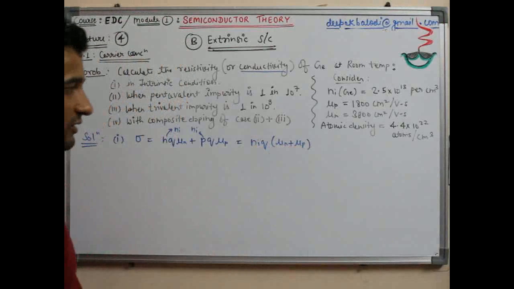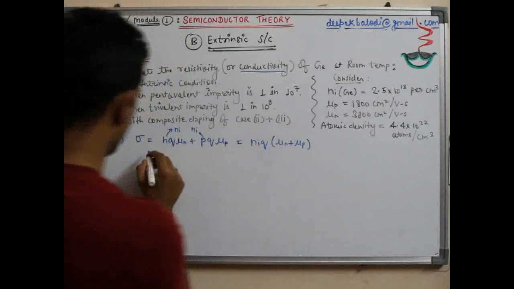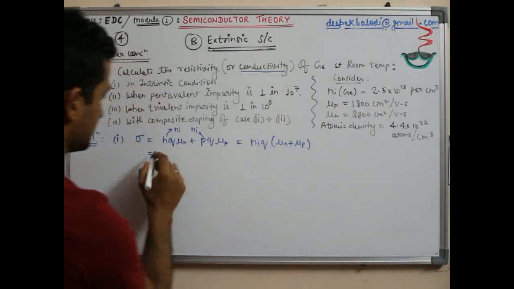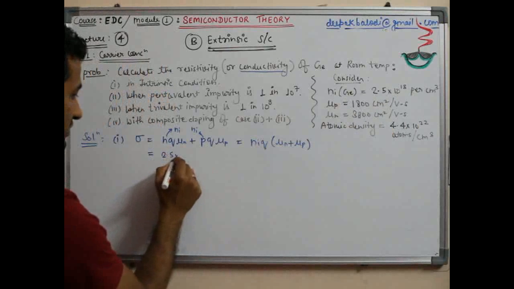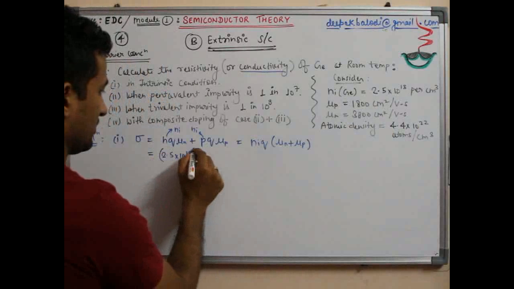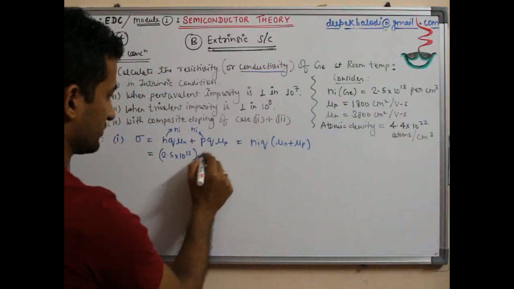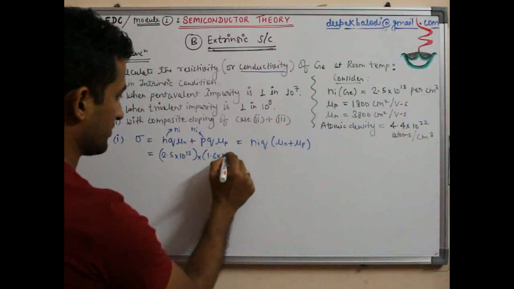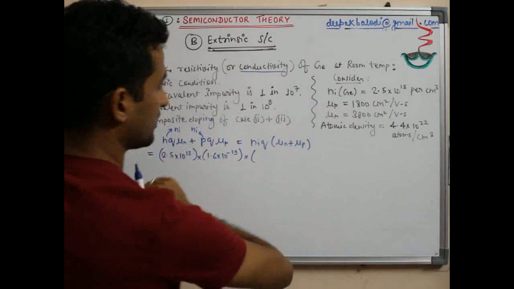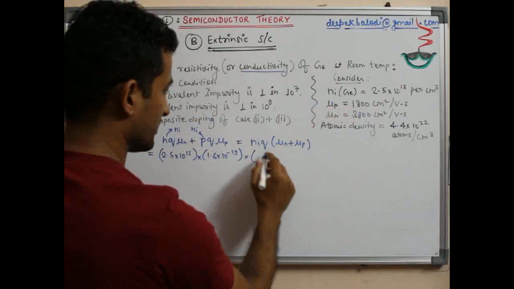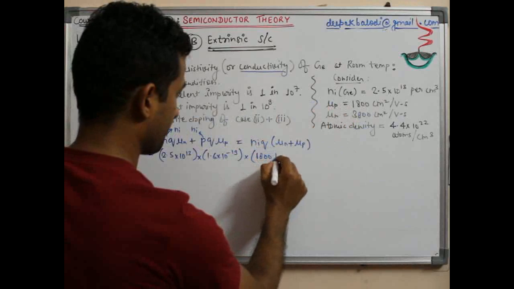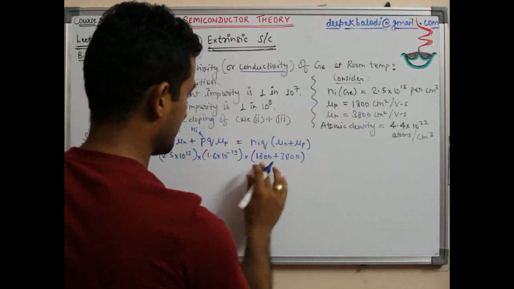Now if I keep the values, ni is 2.5 into 10 to the power 13, Q is 1.6 into 10 to the power minus 19, and μn plus μp is 1800 plus 3800.